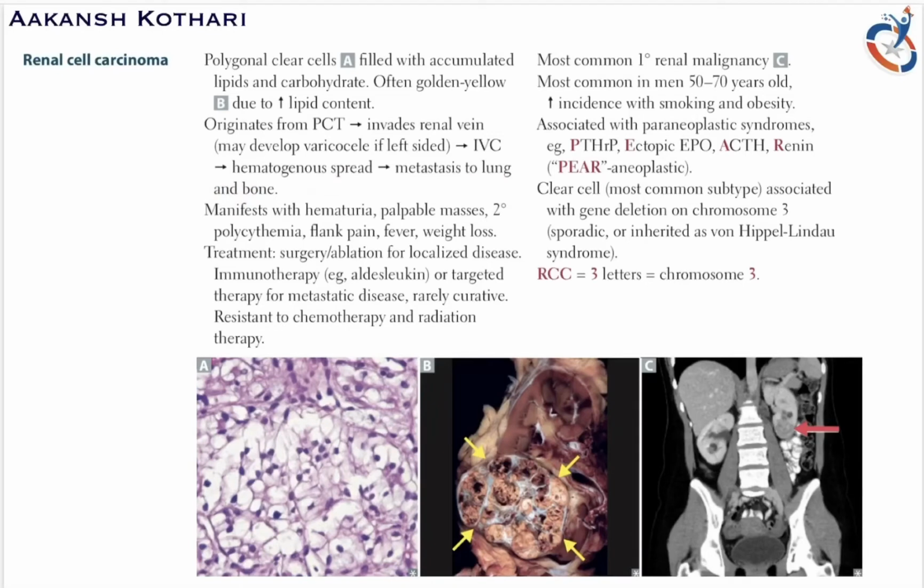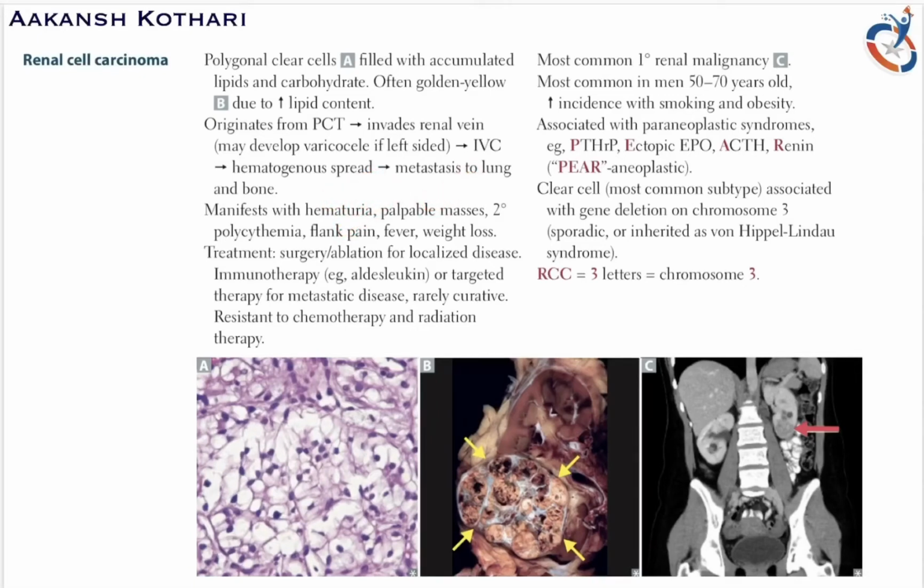Now, since it invades into the renal vein, if it invades the left renal vein, then it can lead to development of a varicocele. Is it clear? Now, it manifests with three kinds of symptoms primarily, that is hematuria, palpable mass, and flank pain.